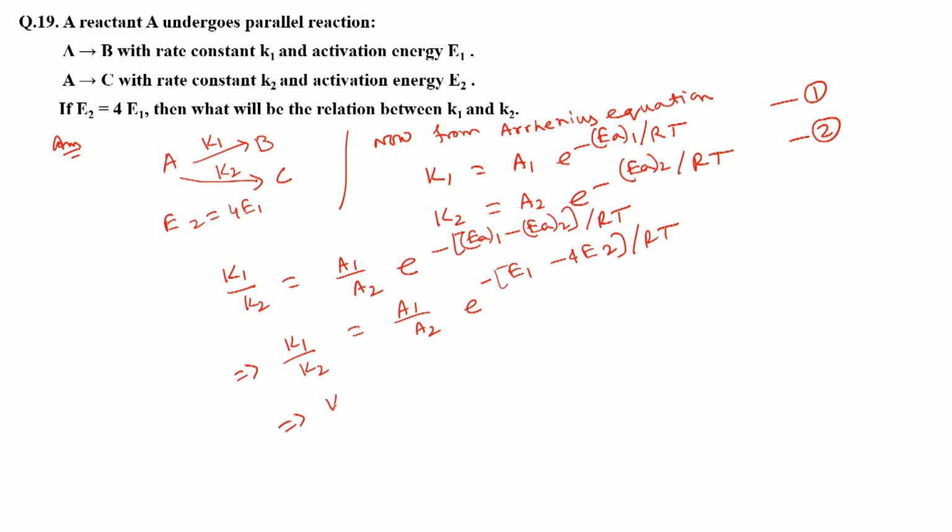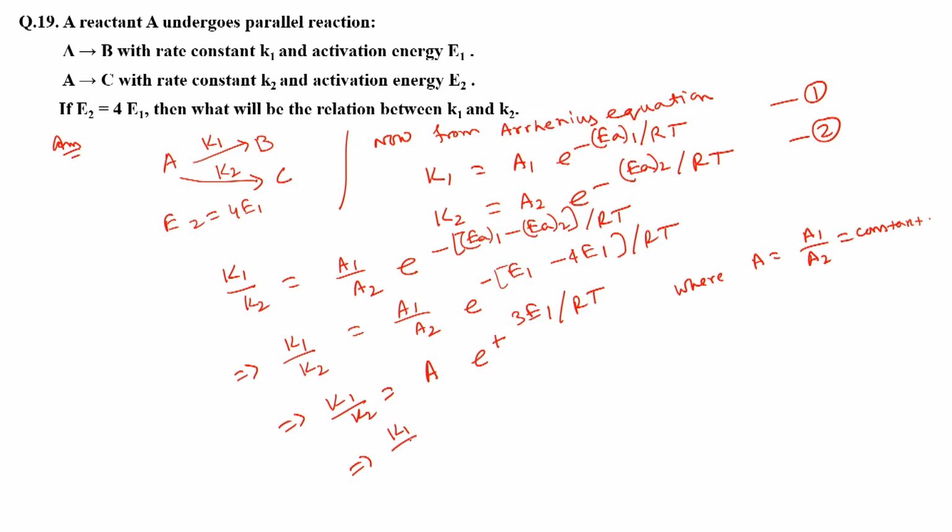So we get K1 by K2 is A1 by A2, we say A is a constant term. So we get e to the minus minus 3E1, sorry, e to the plus 3E1 by RT, where A is A1 by A2 equals a constant.